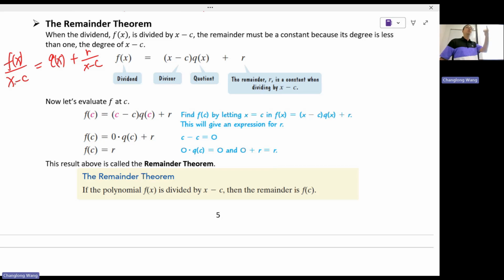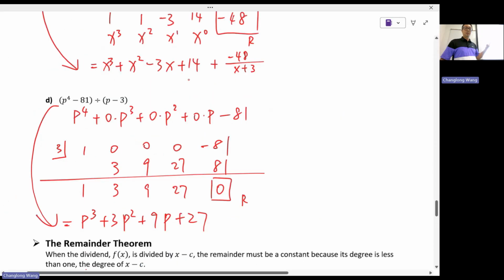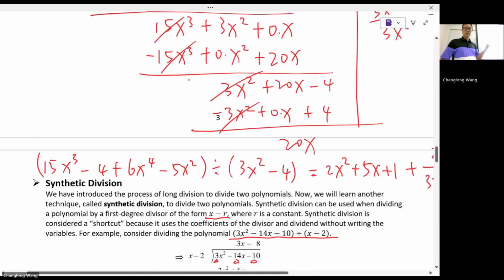But the divisor has degree 1, so that new dividend has to have degree lower than 1. It has to be a constant. And we did that already.